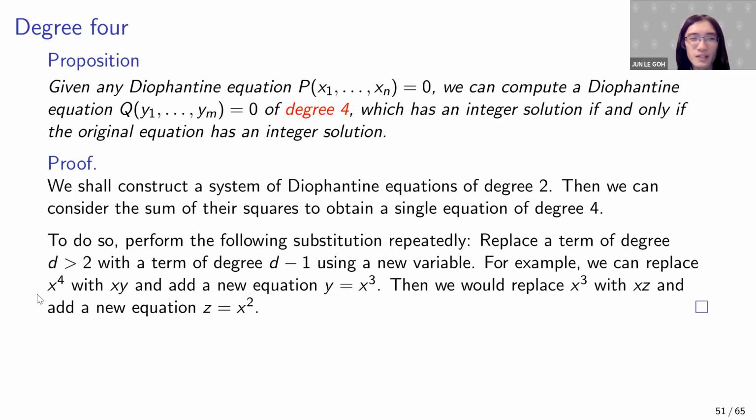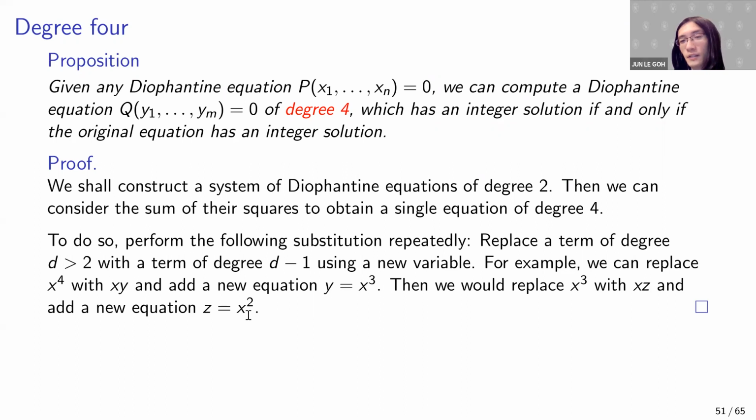Let's say we have some x to the 4. We can get rid of it by replacing it with xy, and then we just add a new equation that says y equals x cubed. So this degree 4 term has been replaced with a degree 2 term. In that case, we're good. But now we have to worry about y equals x cubed, because now this is degree 3, greater than 2. So we could take x cubed and replace it with xz. And then we can add a new equation, z equals x squared.